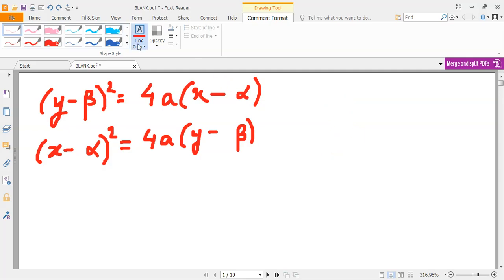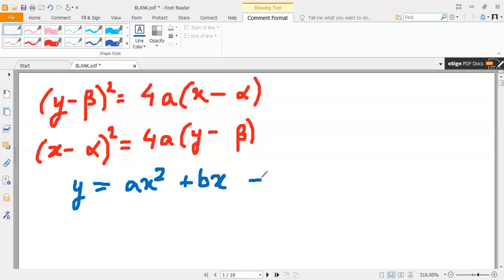Now, what is our objective? In today's video, our objective is to represent any standard quadratic function. So let me take the most standard quadratic function that I can think of. Y equal to a x square plus bx plus c.